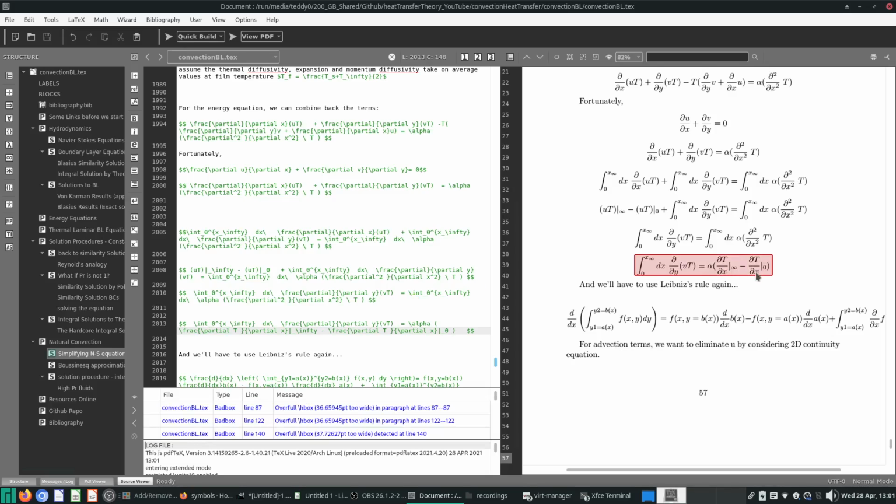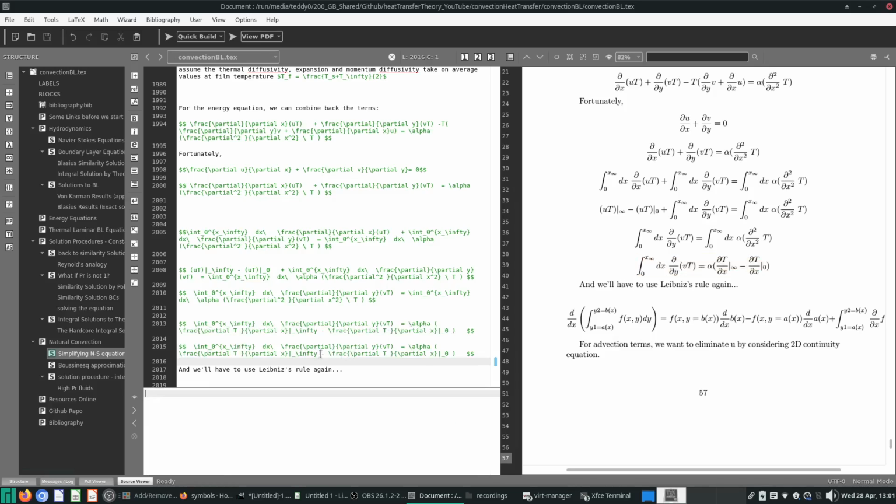So at least this part becomes a little bit easier. So we have a wall heat flux here, and dT/dx at infinity.